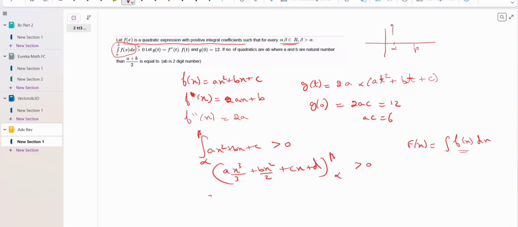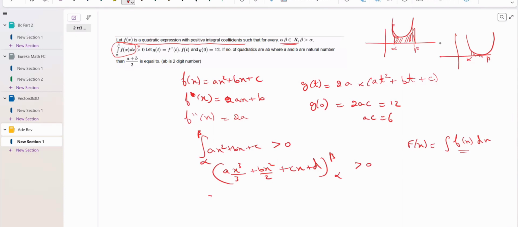So if the curve goes below the x-axis, then we can find an alpha and beta where the area enclosed will be completely below the x-axis, which means it will be negative. Or it can touch the x-axis. Now we can apply discriminant less than or equal to 0.